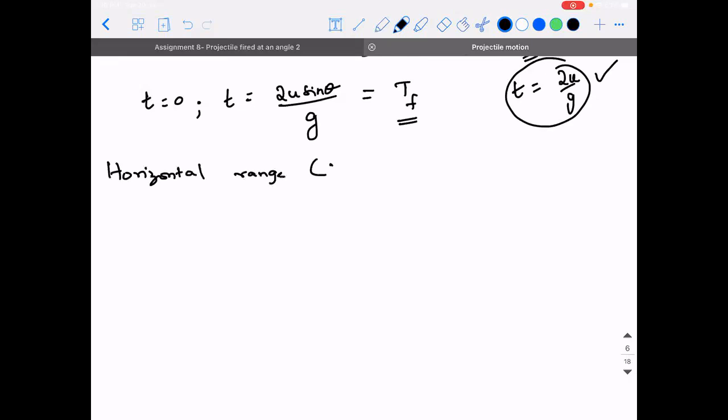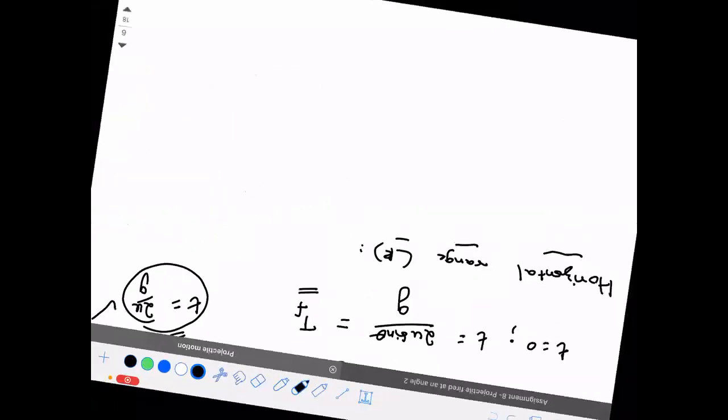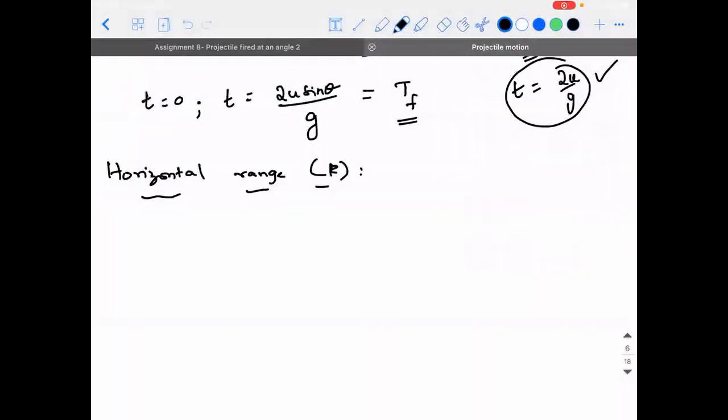So for horizontal range, I will apply the same formula, S is equal to ut plus half at square, along x direction. So displacement of the particle along x is equal to ux into t plus half into ax into t square.